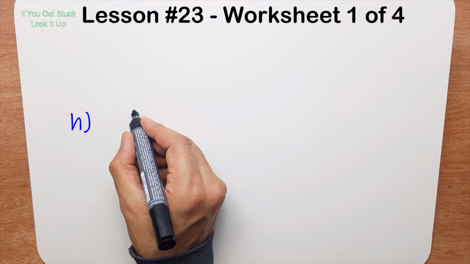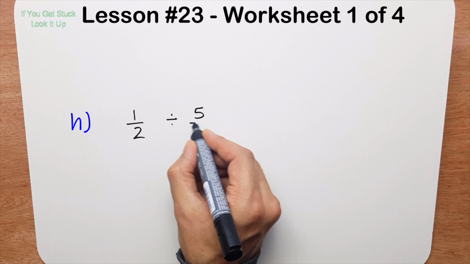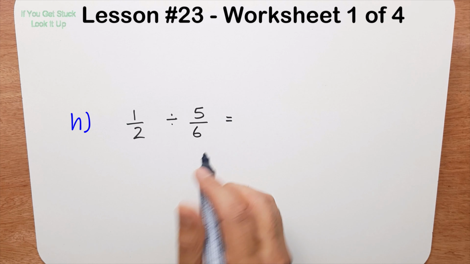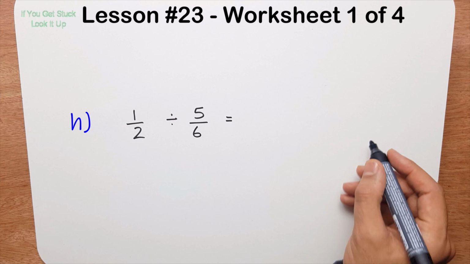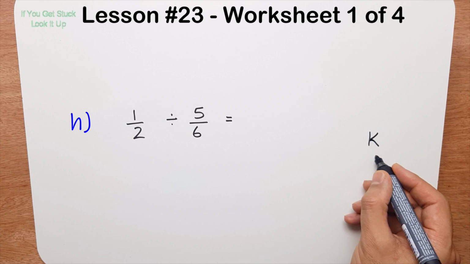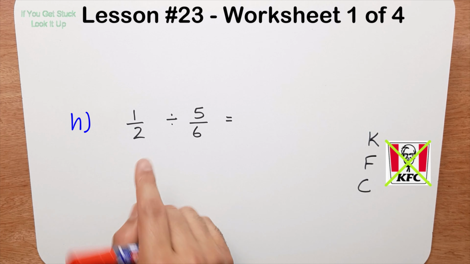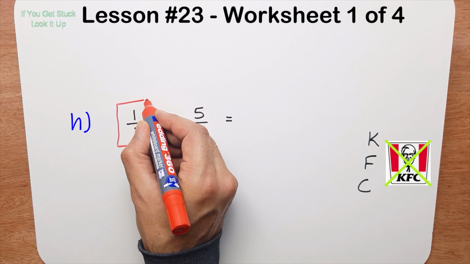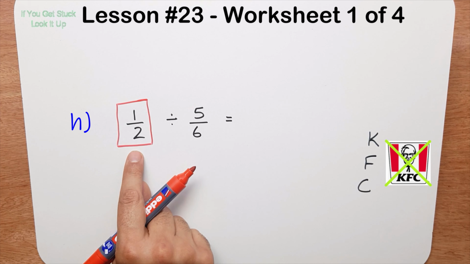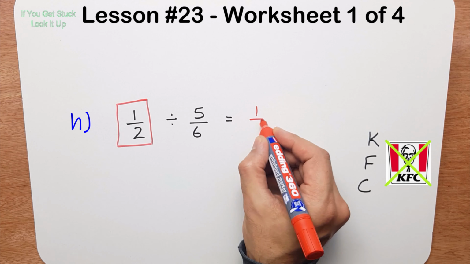Now my next question is 1/2 divided by 5/6. Now I've got two fractions and I'm dividing, so I can use the keep, flip, change method, or I can use this method. I pour cement or concrete onto the first fraction and it stays the same. So my first fraction is the same.